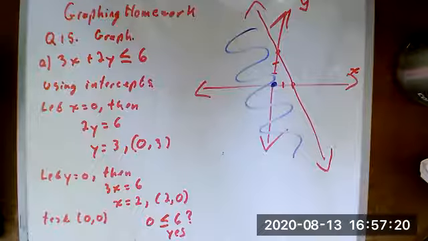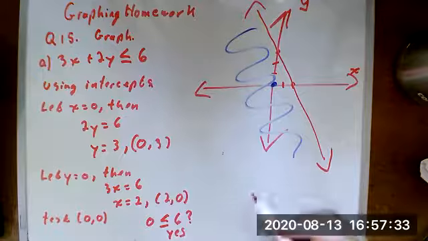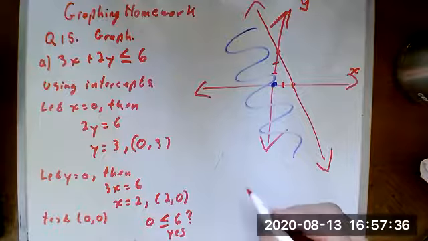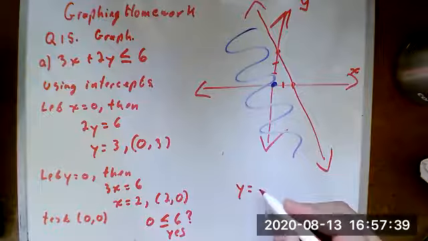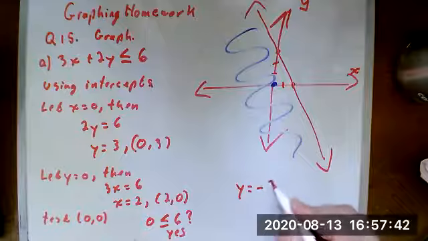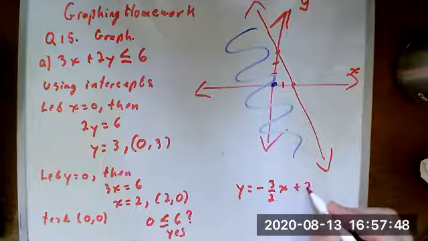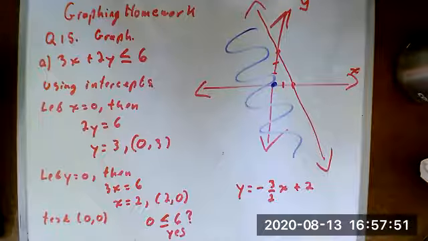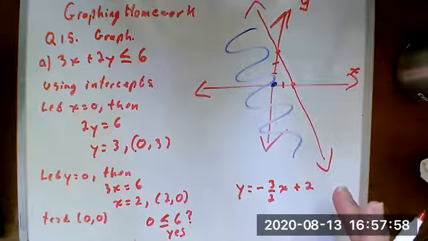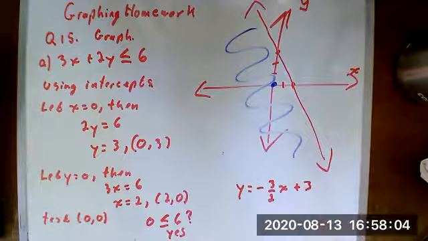The other way that you can do that, and I think it's the way I did it for the answer key, is you can rearrange this into y equals mx plus b form, which, doing that in my head really quick, is going to be y equals negative 3 over 2 x plus 3.